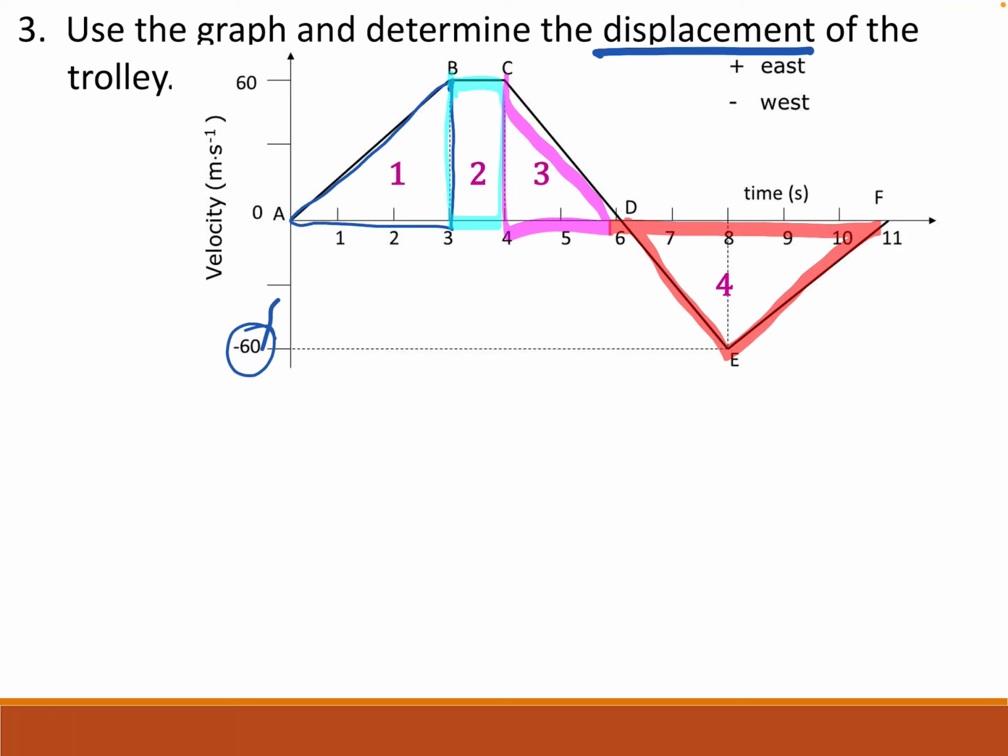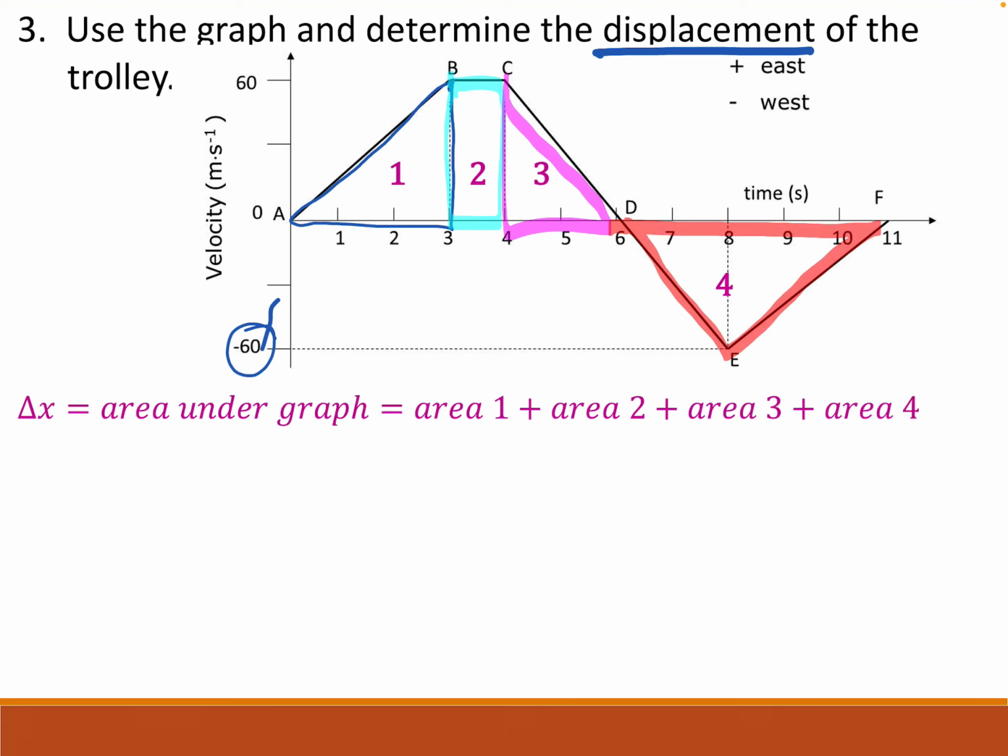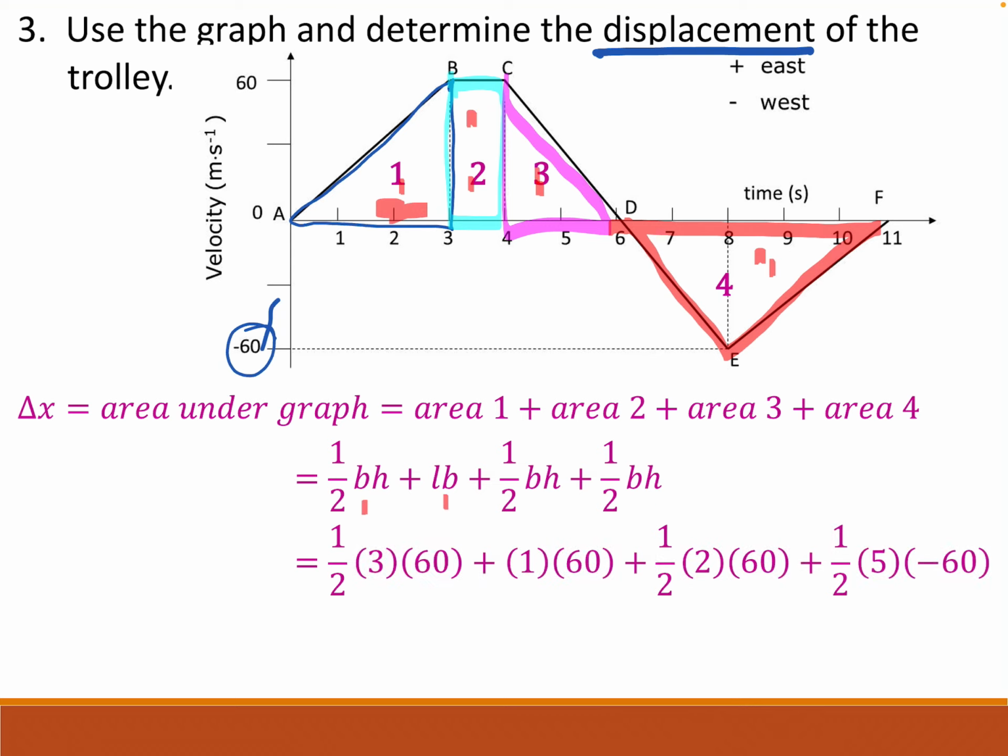Okay? If you can remember the area of a rhombus, go ahead and do it, and you can do 1, 2, and 3 all in one go. But rather just break it up into different triangles. So the area under the graph is area 1 plus area 2 plus area 3 plus area 4. Area 1 is a triangle, half base times height. Area 2 is length times breadth. Area 3 is half base times height, area 4 is half base times height. Watch what's important about displacement.